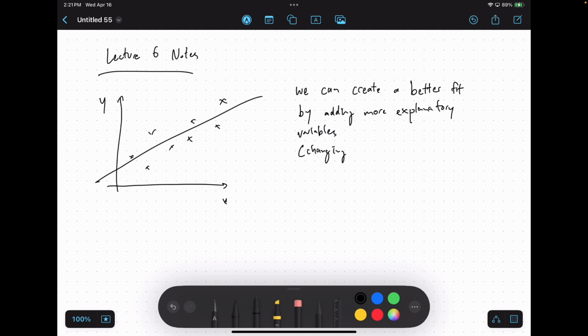This can essentially help change the functional form. So y equals beta 1 x, and from here I can do something like y equals beta 1 x plus beta 2 x squared.